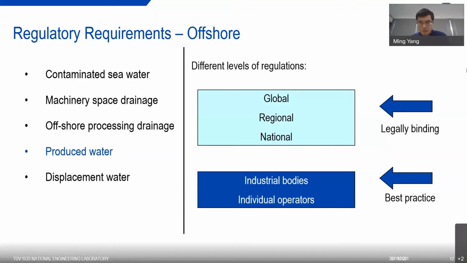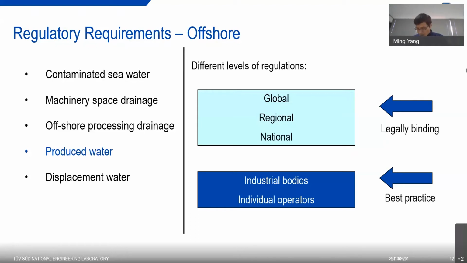That means that you have to meet the target, and if you don't, you could be really in trouble. But the bottom 2 are more related to best practice, so obviously you aim to achieve them, but if you don't, then certainly it's not the end of the world, if you like.